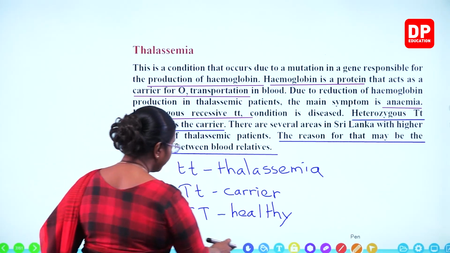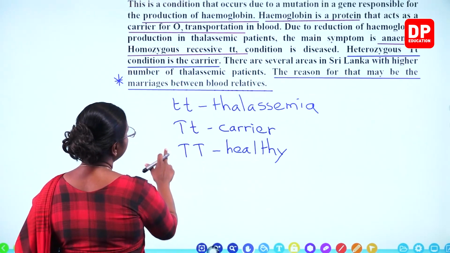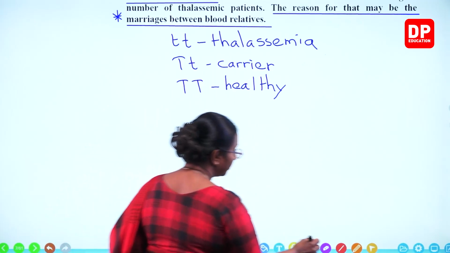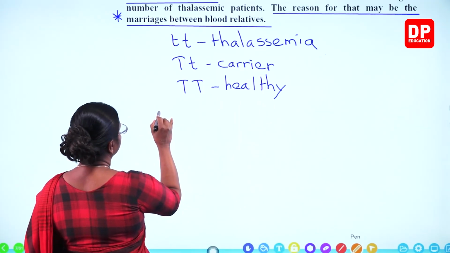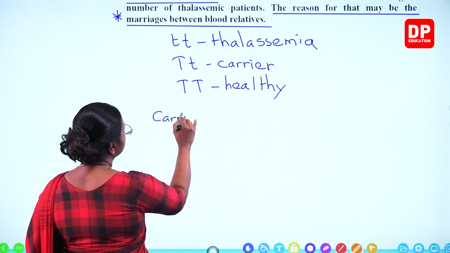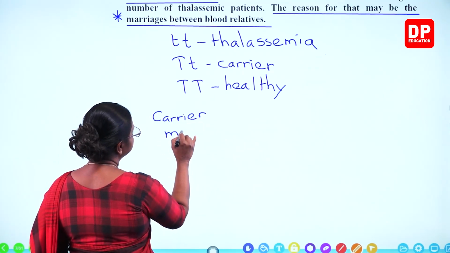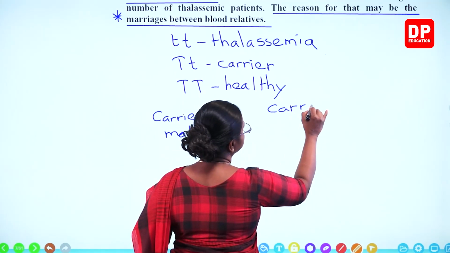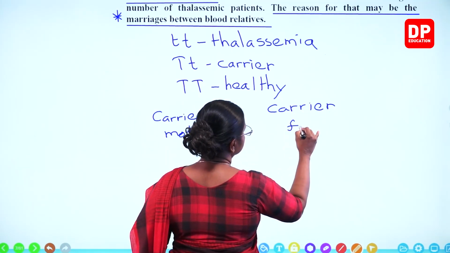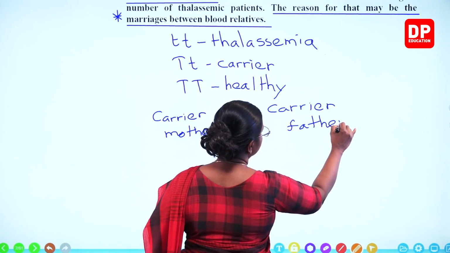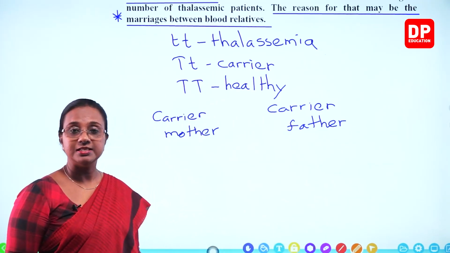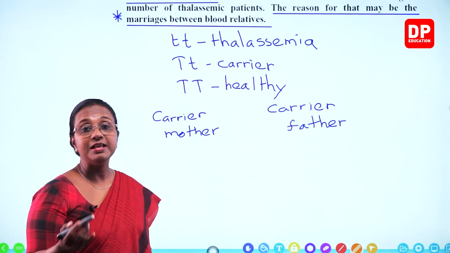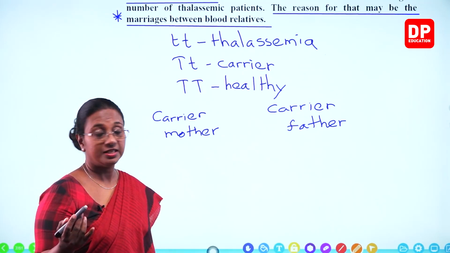So, if we try to write this, if you have both carrier mother, carrier father. So, both of them will not have the disease, but they will have the recessive gene in them.